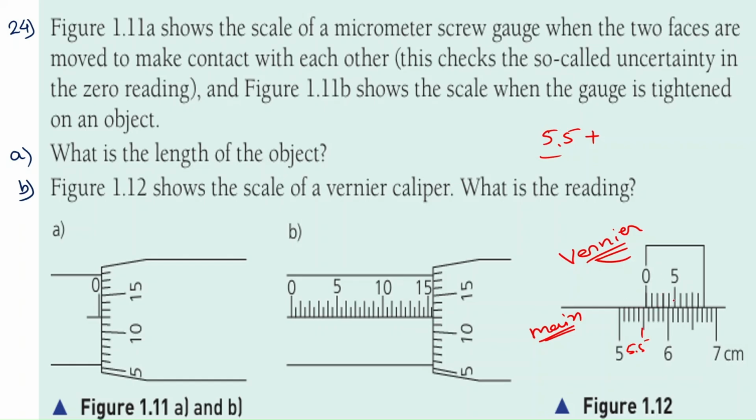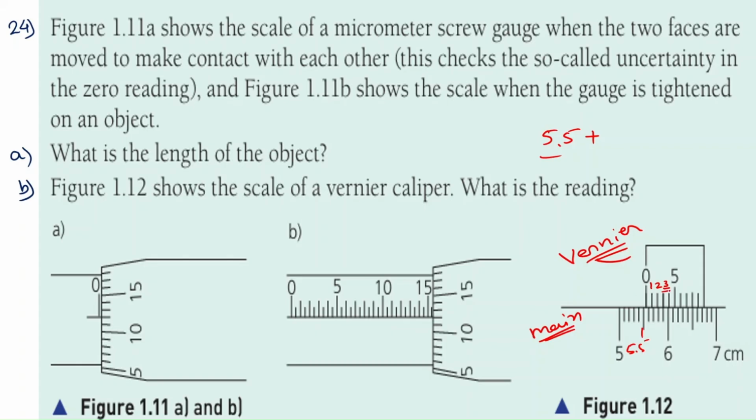And you have to match these divisions with the main scale. So let's see which division coincides with the main scale. Here you can see the first is not a coinciding one, the second is also not, but the third one, you can see, this is the first, second, and third one. The third one actually coincides with the main scale reading. It does not matter which scale it is, but it coincides completely.